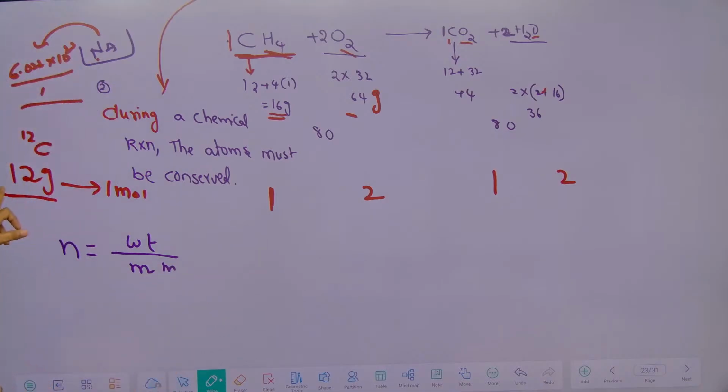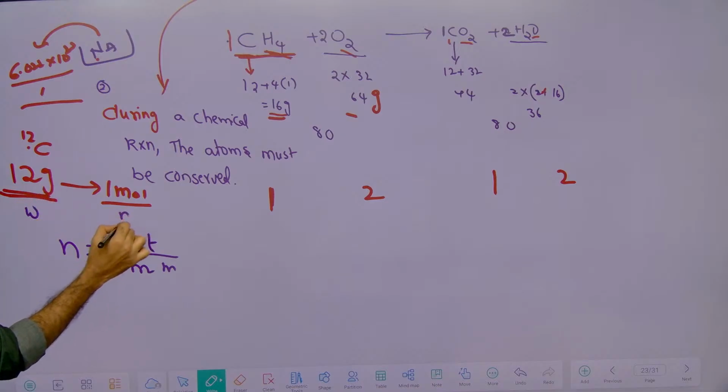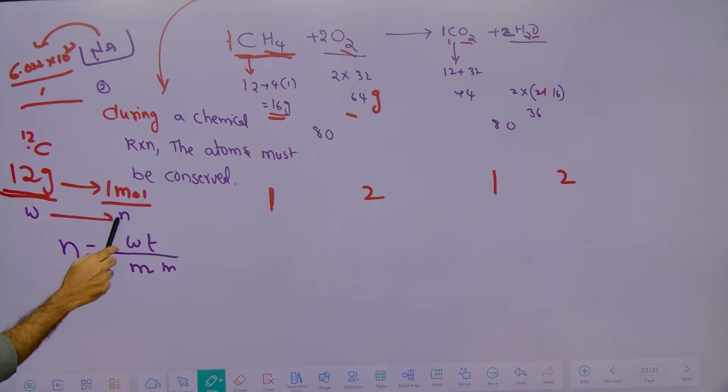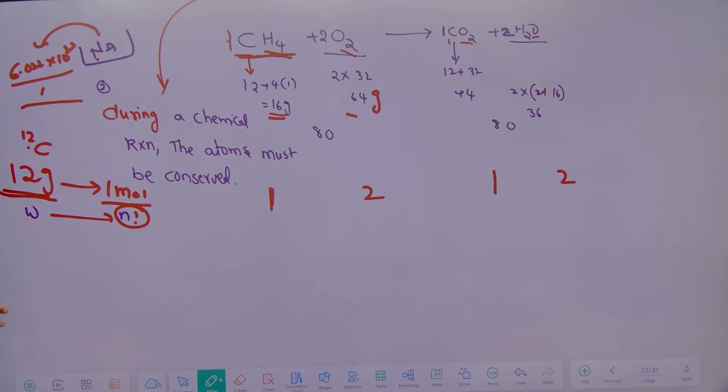So 12 grams of C12 carbon is how much mass? 1 mole. Now instead of giving you 12 grams, I am giving you some W grams. How many moles, n, am I asking?